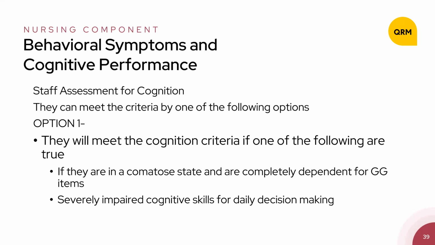So how you use the staff assessment for cognition is they can meet criteria by one of two options. The first option is if they meet one of these that is listed below. So if they are comatose and completely dependent for those GG items that we use to calculate the function score, they will automatically classify here. Or if they're severely impaired cognitive skills for daily decision making, which is coded on the MDS, then they'll classify here.